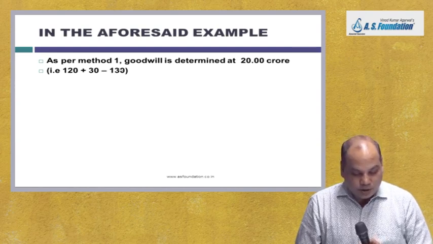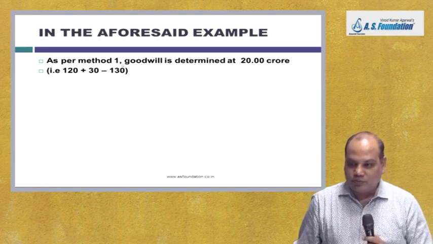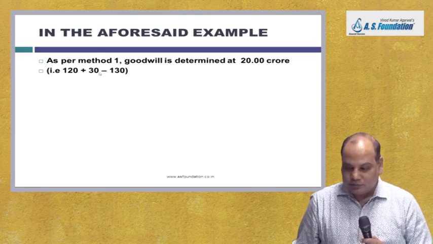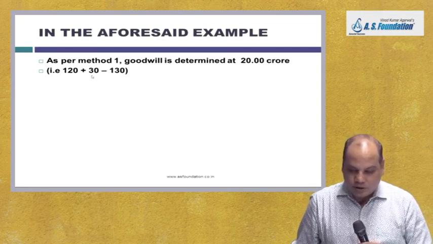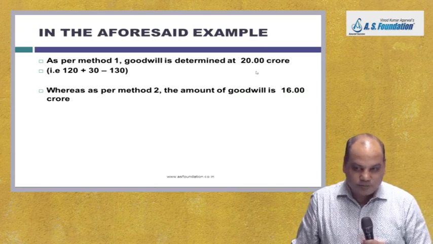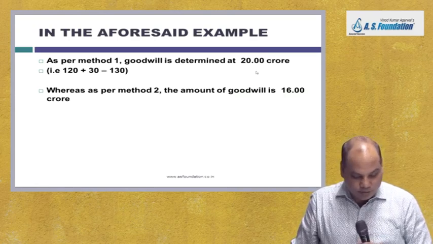And what was the net asset? 130 crore. So can you calculate goodwill in this example 1? 120 consideration paid, plus 30 NCI, minus net asset 130. Therefore, goodwill 20. Tick mark.